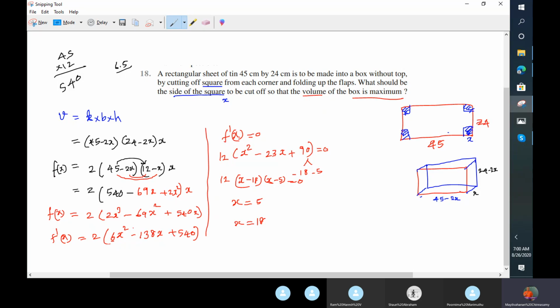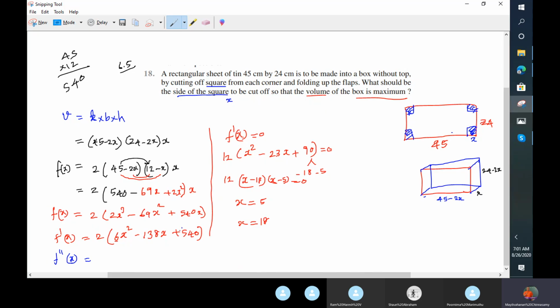That is one method. Another method is the second order derivative test. What is the second order derivative test? You take the second derivative from f dash of x. 12 will be common. When you differentiate, x square becomes 2x, and 23x becomes minus 23.